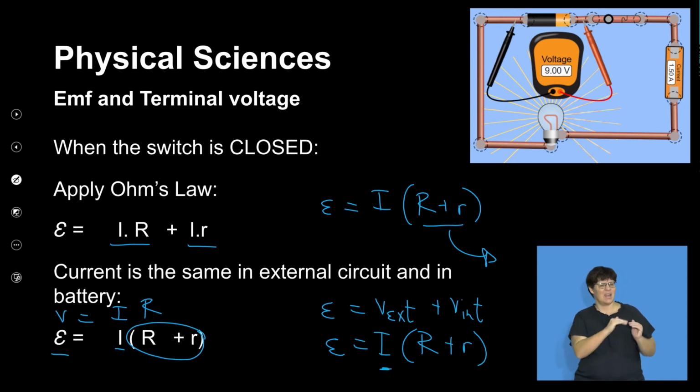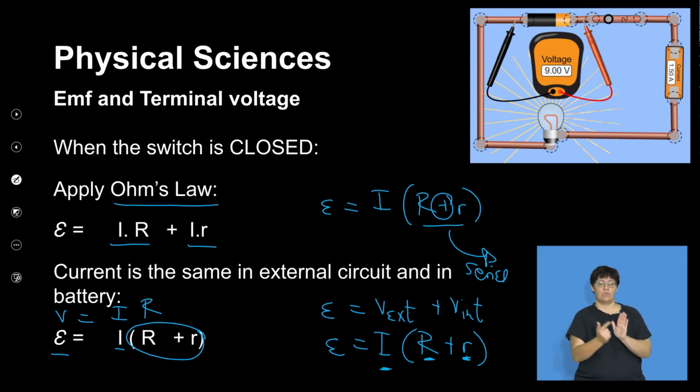Because the current that goes through the battery, in terms of internal resistance, will be the same as that which goes through the external circuit, in this case the light bulb, because these are in series. That's why we talk about the sum of the two. So as far as that equation is concerned, I think it's very clear. When the switch is closed, we can apply Ohm's law.